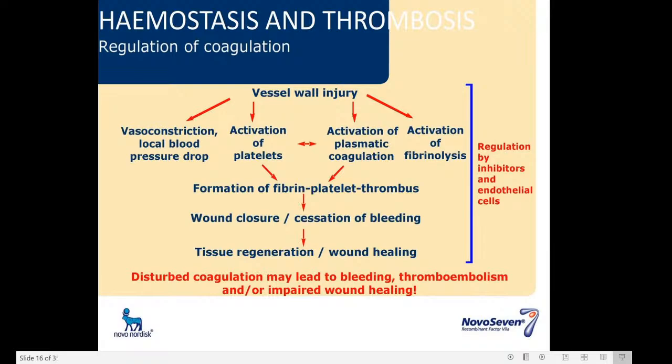This is all about hemostasis and thrombosis: when injury happens, the cells automatically come to the injured place, make an external cover and stop the bleeding, and after that tissue regeneration occurs.